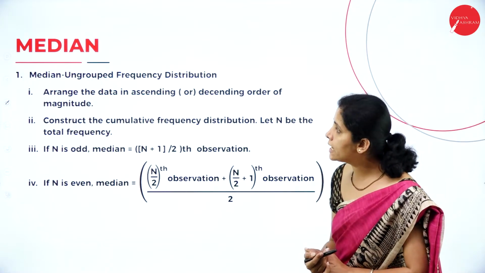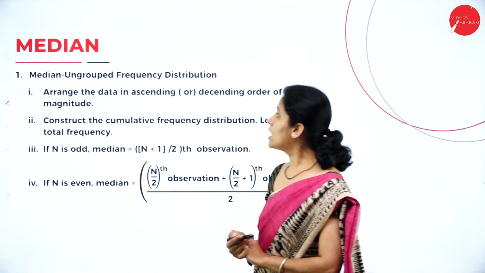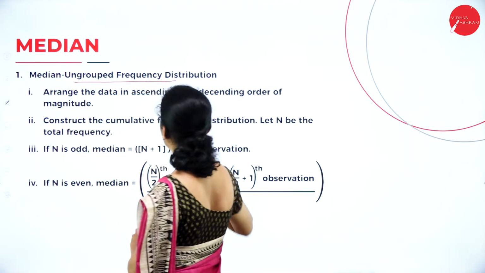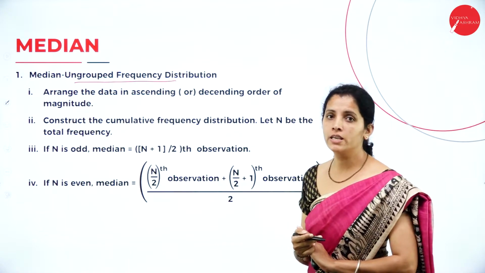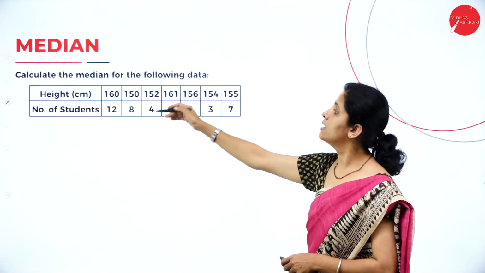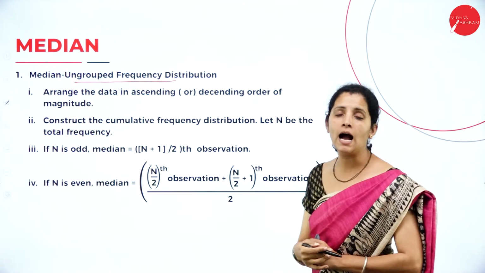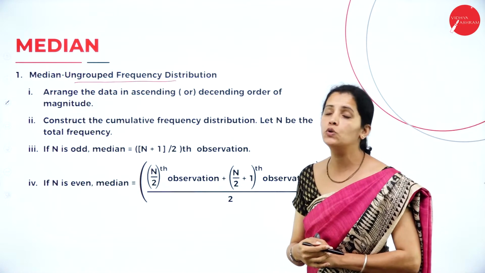Now dear student, I'm going to have median for ungrouped frequency distribution. So here I'm going to have the frequency, and for that I'm going to have the formula, and the data are not grouped.